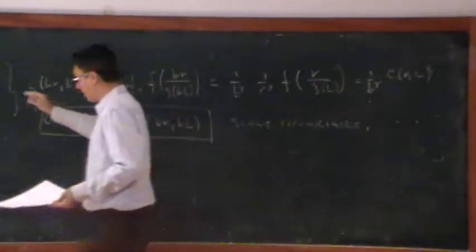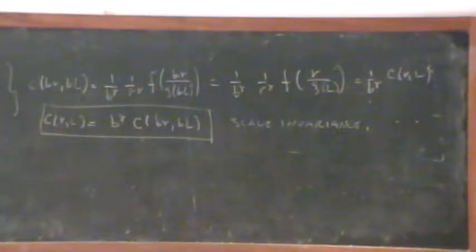So when your correlation length scales with the size of the system, this implies that you have scale invariance of the correlation function. Actually, you're saying the same thing, that you don't really have a scale in your system.